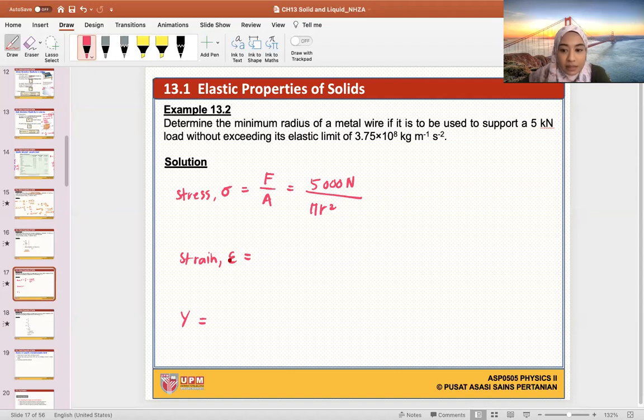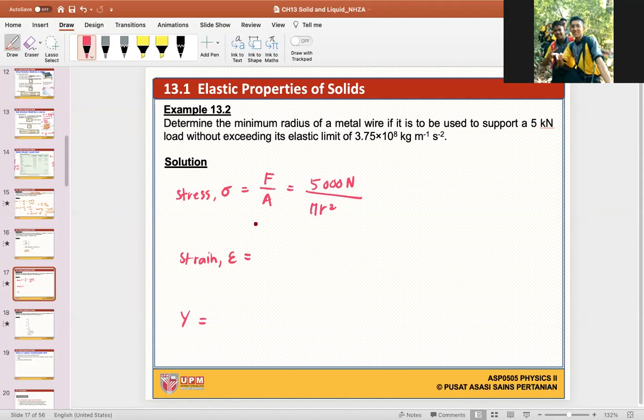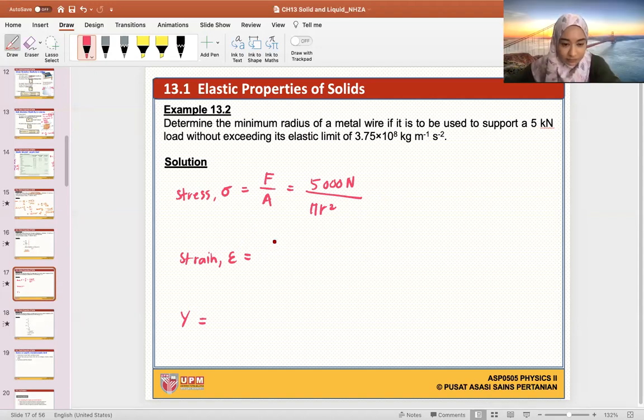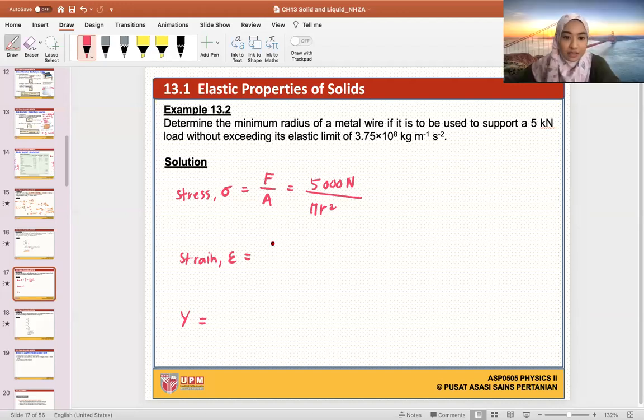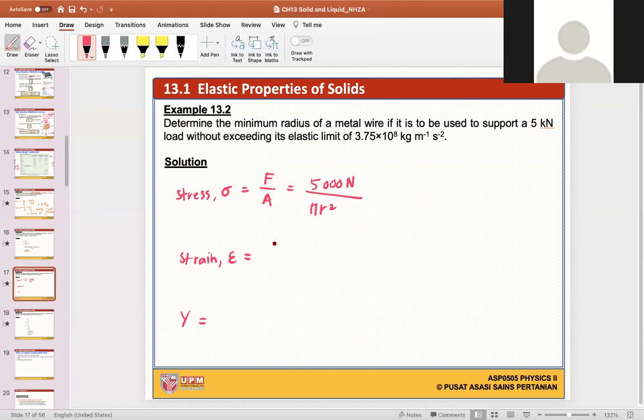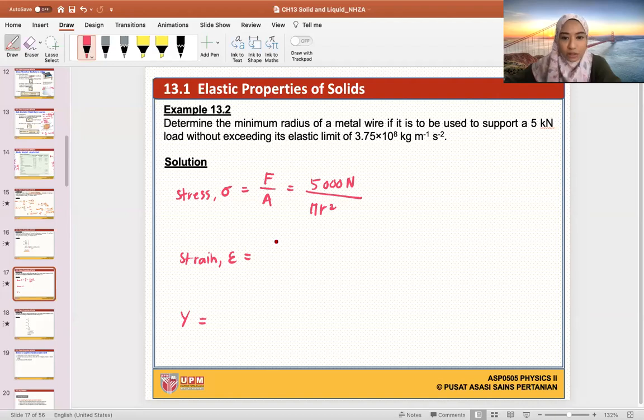Okay, Ishraq. What is the strain in this question? Perubahan. So what is the strain here? Ini awak tak boleh tak kisah tau.